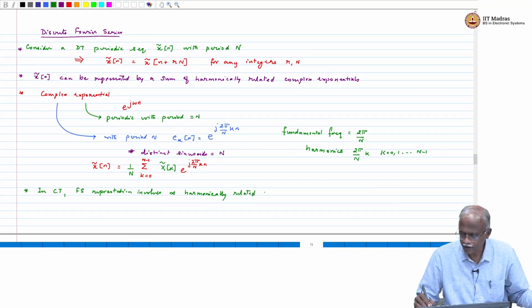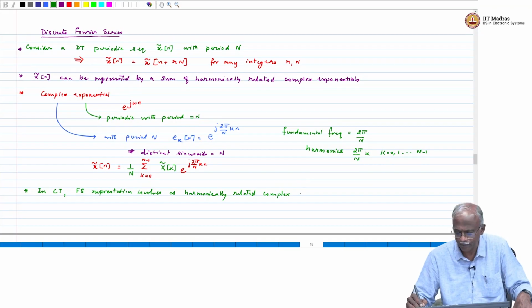That's the Fourier series representation for continuous time.